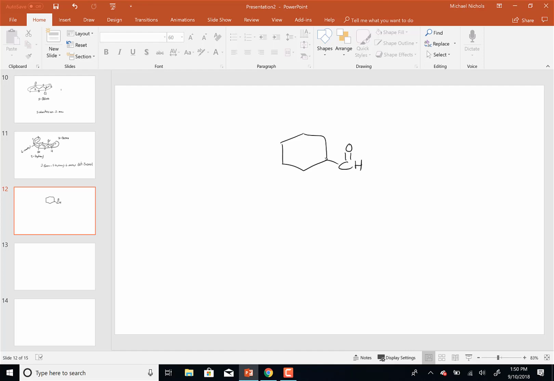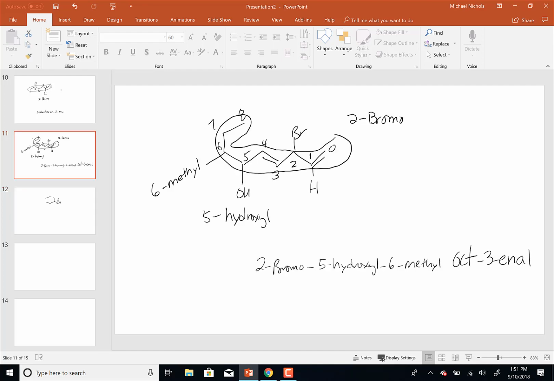I would have probably used brackets with the rings, but I think it's a Canadian thing, seriously. So on this list, for the OH substituent, it's listed as hydroxy without the L. So it's hydroxy. Yeah, it's hydroxy. No L.